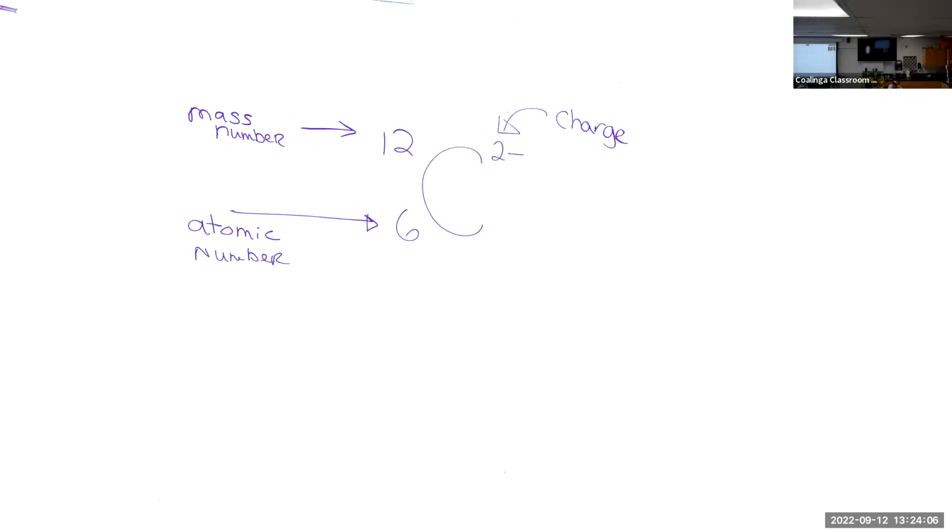Okay, so mass number. Mass number is often associated with the mass of that atom. Now, since we have what we call an isotope, isotope meaning what again? Same atom, different mass, okay?